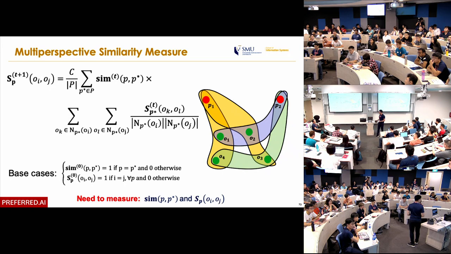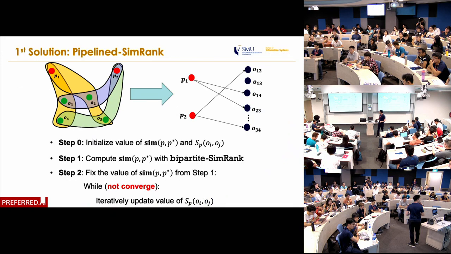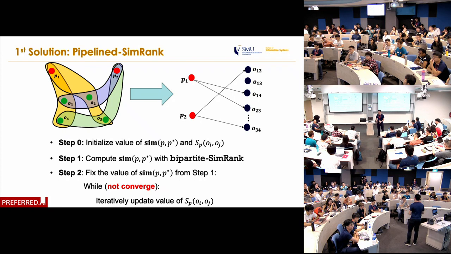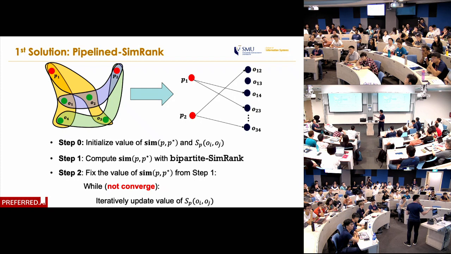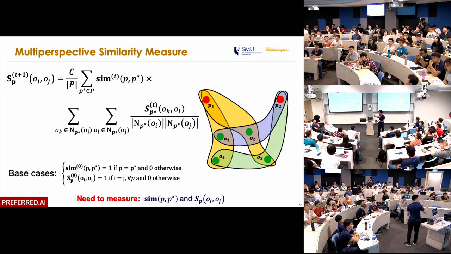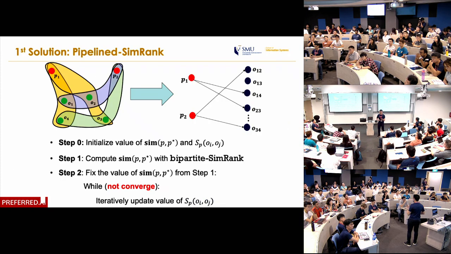So the question is that we need to quantify these two values, right? The first solution is that we measure the similarity between two perspectives, and we also use Preferred.AI, which is a variant of SimRank. After SimRank, you can measure how similar two perspectives are, and then you run the previous equation iteratively until the algorithm converges.